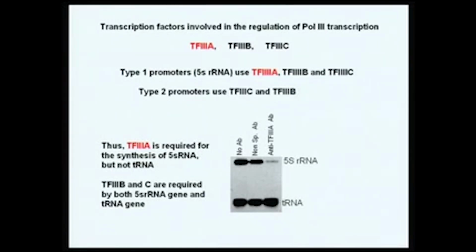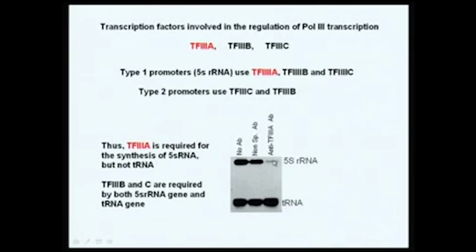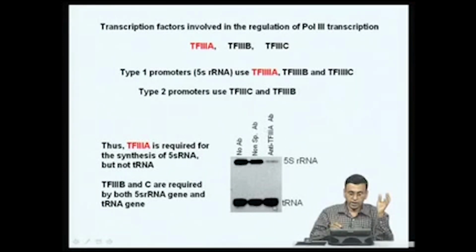So, when you make the TFIIIA in a cell-free extract non-functional by the addition of an antibody, you can see the 5S RNA gene transcription is totally gone. But in the extracts depleted of TFIIIA, tRNA transcription still proceeds. These two are controls where you have not had any antibody, or you have added a non-specific antibody, but here you have added a specific antibody which is specific for TFIIIA.